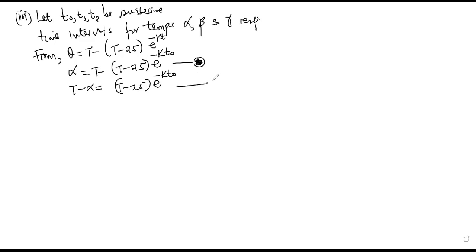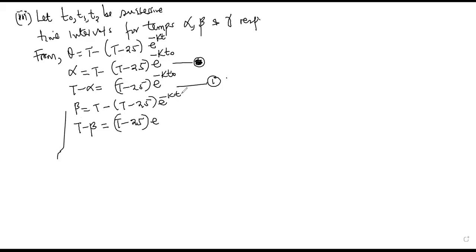Now let me call this one my equation 1. Then also beta is equal to T minus 25 e to the power negative k t1, implying that T minus beta is equal to T minus 25 e to the power negative k t1. I call this one my equation 2.